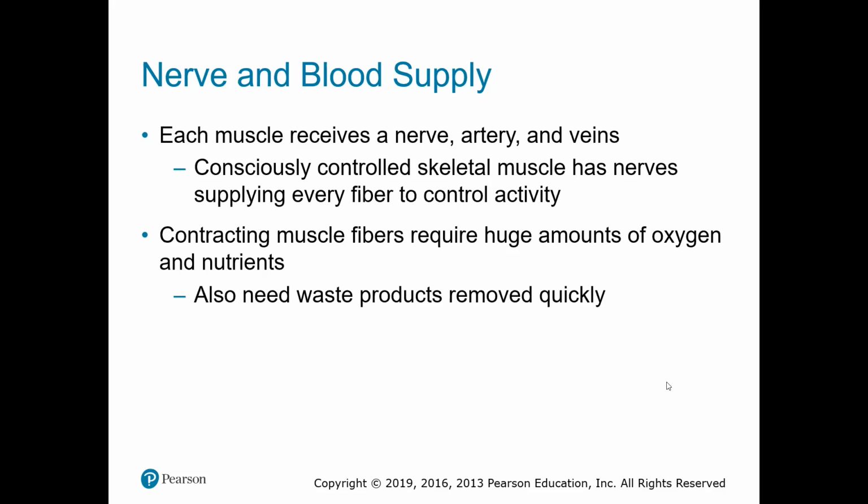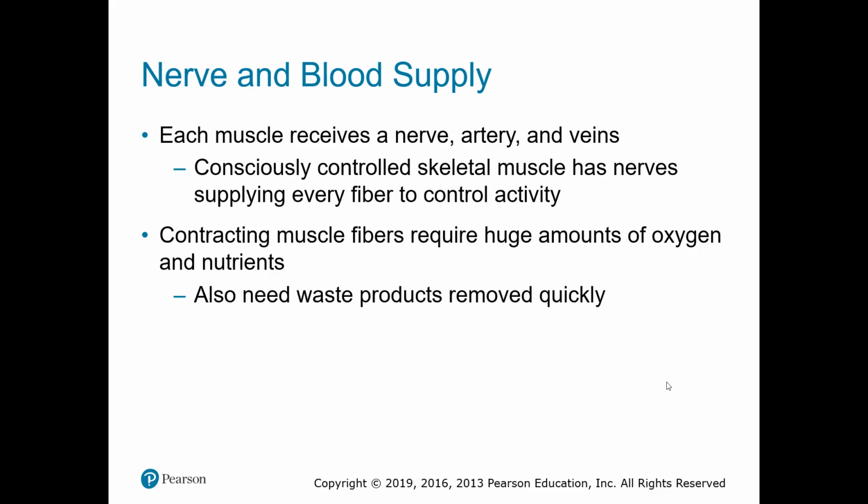We have a very sophisticated control system here. Every muscle is supplied by a nerve, an artery, and veins. Blood going in, blood going out. We have control over every muscle cell in a muscle. We have nervous system control.